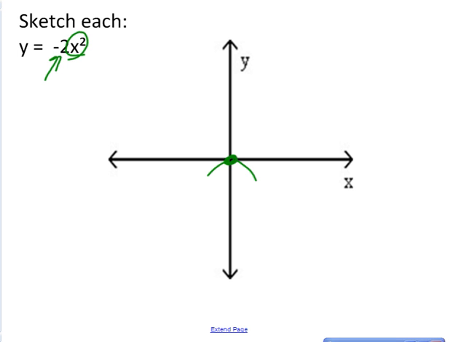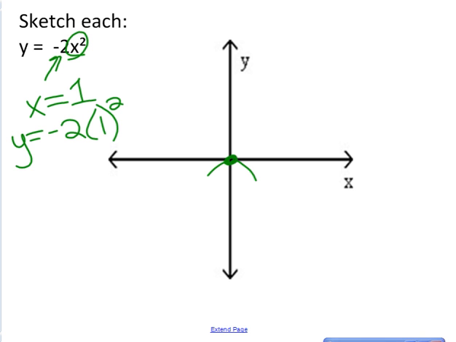Since it doesn't matter, in this particular example, let's pick x equals 1. 1 is the second easiest number to plug in, the first being 0. So we're going to plug in x equals 1 and find out what the y value is. So we have negative 2, coming from our equation here, times 1, we plugged in 1 for x.